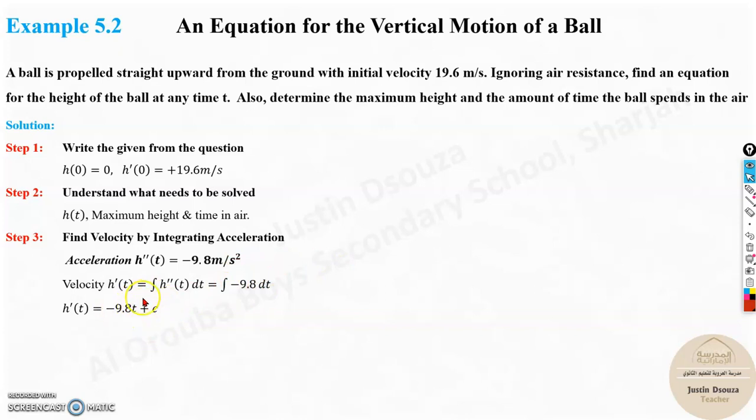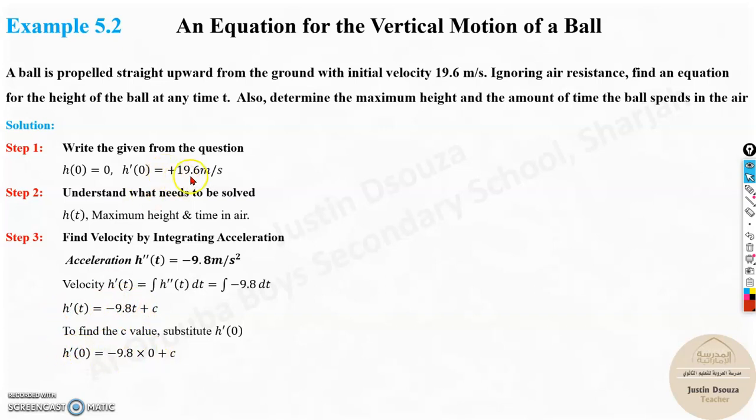What is the c? Constant of integration. You have to find this. How do you find this? You know the initial velocity is given, h dash of 0. To find the c value, substitute h dash of 0 over here. When h dash of 0 happens, this t will become 0. Everywhere t is 0, right? So this t becomes 0.